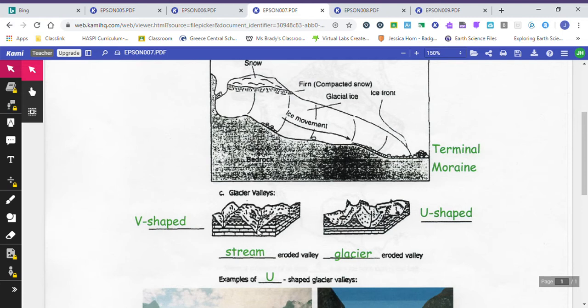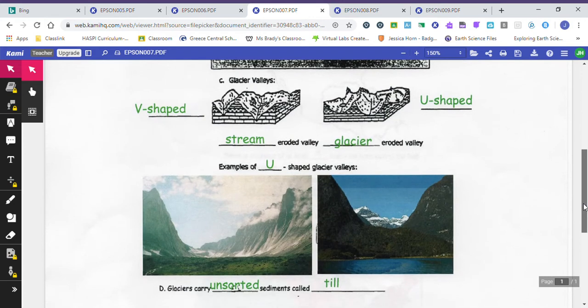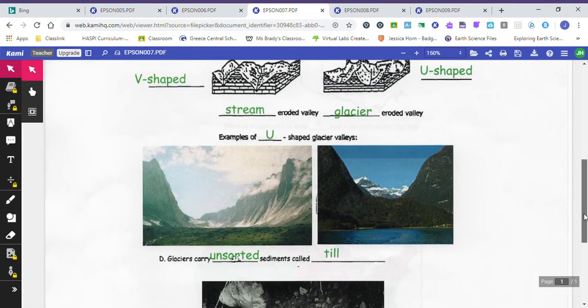Now, if you see mountains that have V-shaped valleys, those were not formed by glaciers, those were formed by streams. Okay, so a stream eroded valley is V-shaped, and a glacier eroded valley is U-shaped. I've got some examples of U-shaped valleys. Very cool.